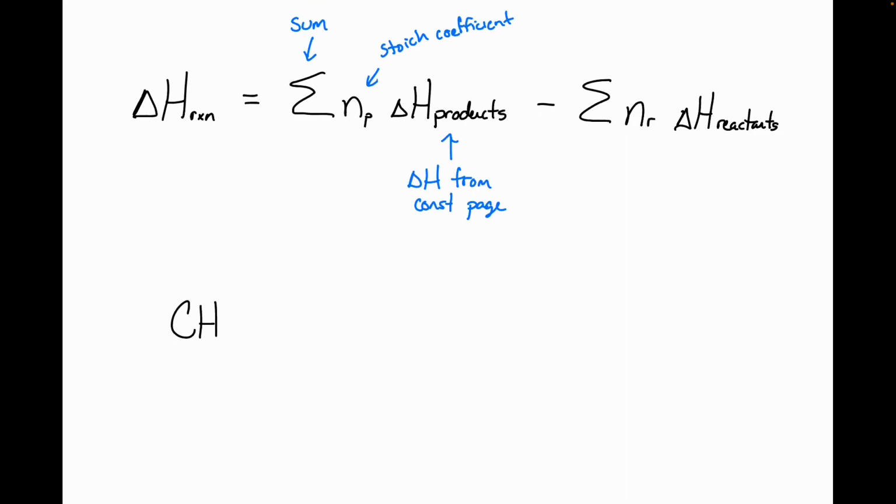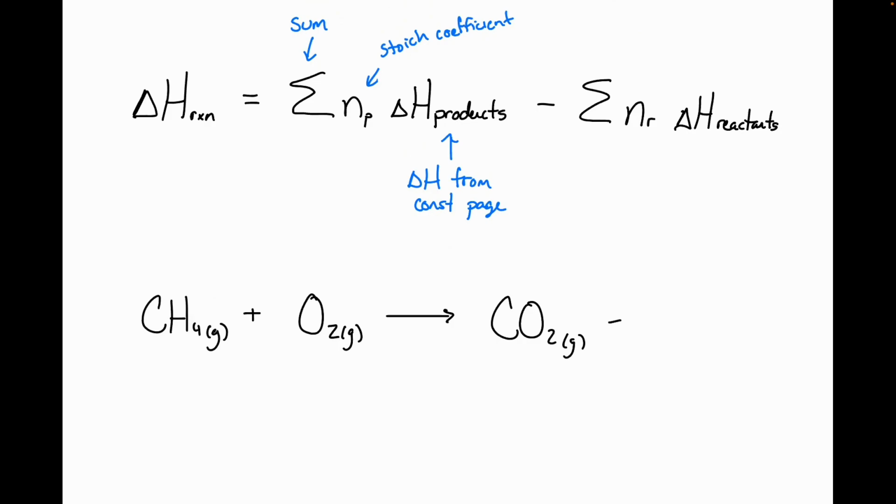So that would be if we took methane plus oxygen. We always have the same two products for our combustion reactions. What are those two products? CO2 and water vapor. All right, everybody take a second and let's balance this chemical equation here.